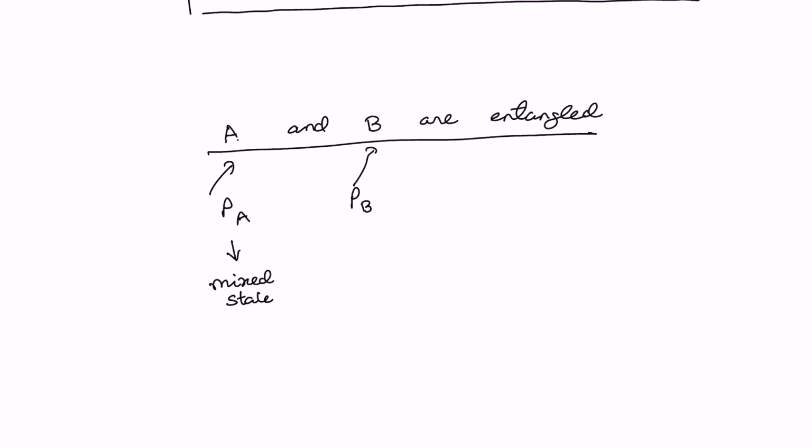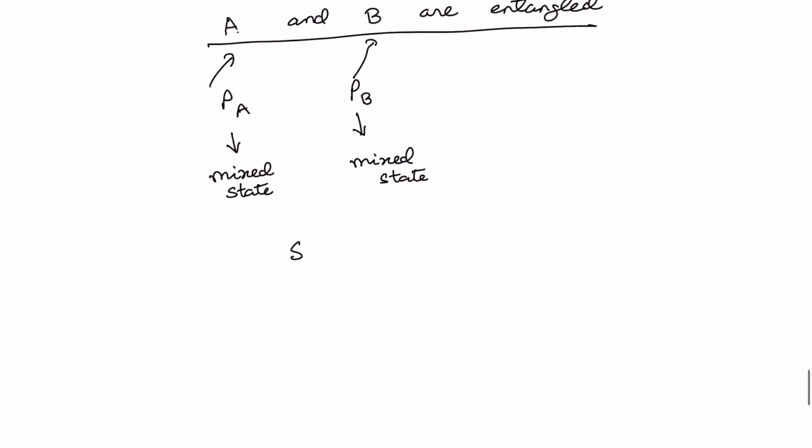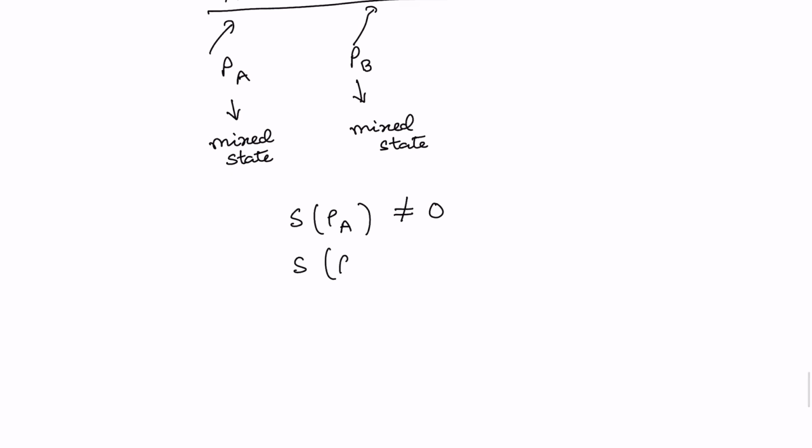Both A and B represent mixed states if they are entangled. Now if you find the entropy, you are going to get that S of rho A is not equal to 0. It would be non-zero. Only if it is a pure state is it going to be 0. So this gives us a measure of entanglement.